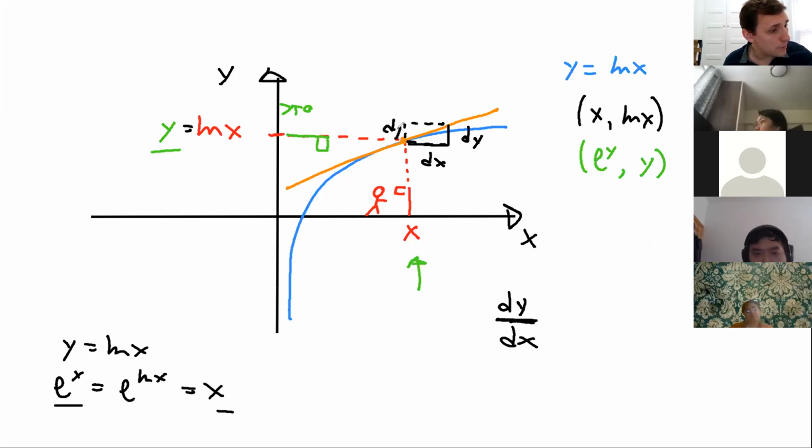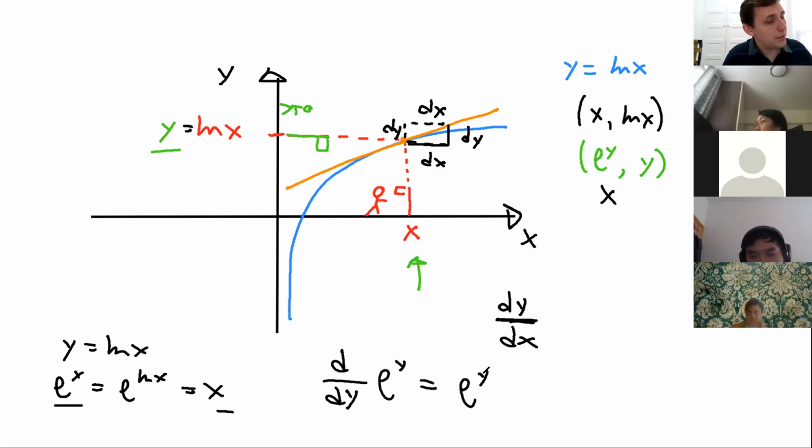From the perspective here, for the guy walking on the y-axis, his horizontal is dy and his vertical is dx. Now, what do I have here? I have that x is this, e to the y. So the derivative of e to the y is equal to e to the y.